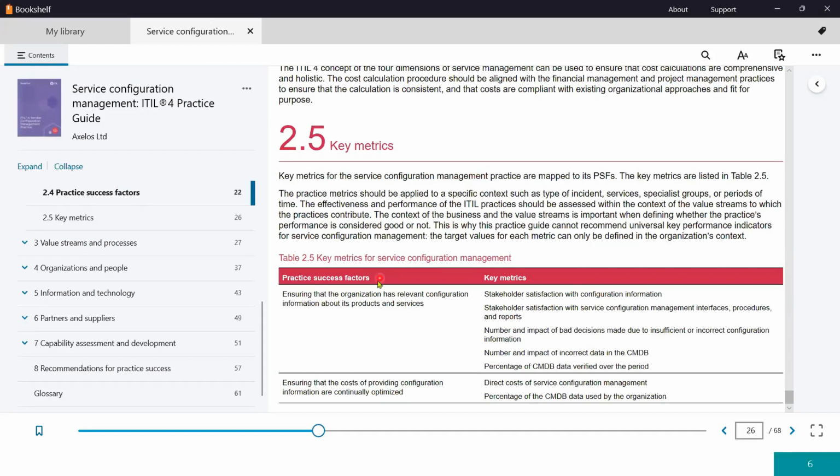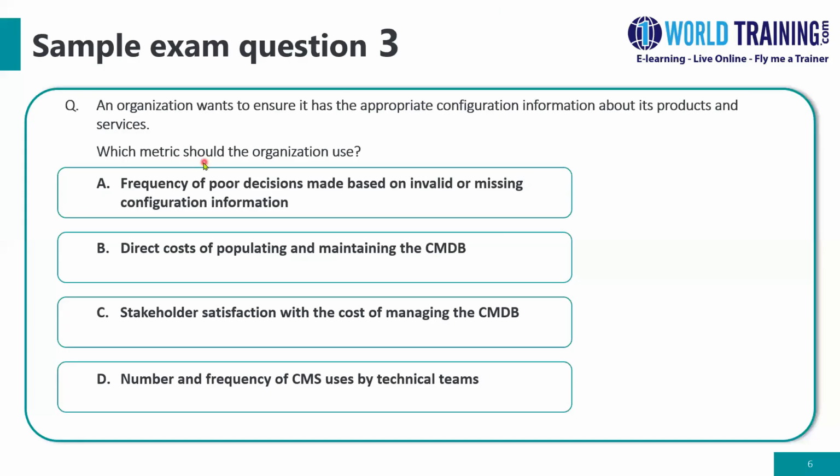And here we have the first practice success factor, which is the same as what is mentioned in the question: ensure that the organization has relevant configuration information about its products and services. And here you can see the third statement, the number and impact of bad decisions made due to insufficient or incorrect configuration information. And we can see that in option A, therefore option A will be correct.